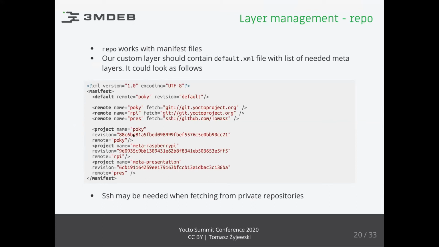So we have the name of the project, the variable remote, which points to the source from where we will be fetching our layer. And we can also set, for example, the revision which we will want to use. It is worth noting that the use of SSH may be needed when downloading private repositories.